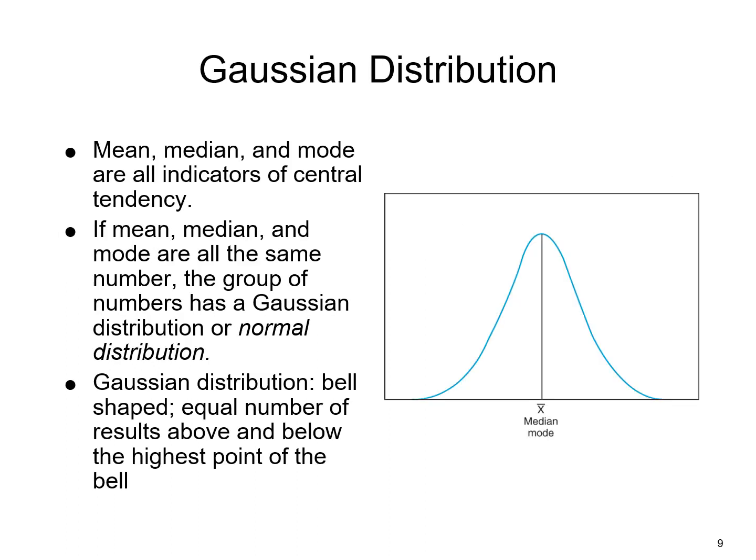As previously mentioned, mean, median, and mode are all used as indicators of a central tendency, or that central value. If the mean, median, and mode are all the same number, then that group of numbers is said to have a Gaussian distribution, or normal curve, meaning that you have an equal number of values on either side of that center point. And that center point is going to be the highest point of that bell distribution curve.